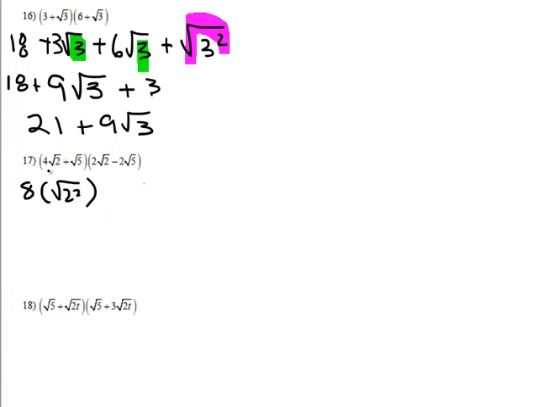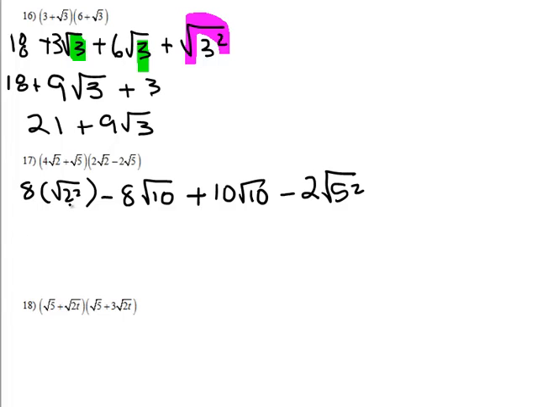So here I have 4 times negative 8, and the square root of 2 times the square root of 5 would be the square root of 10. And now I'm going to do my inner terms, the square root of 5 times that. So that'll be plus 10 root 10. And then I'm going to do my last ones, and it's going to be minus 2 times this.